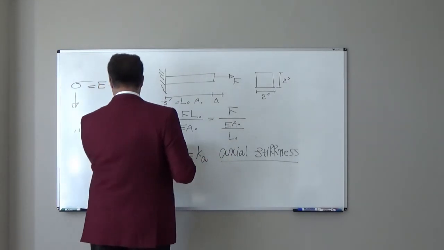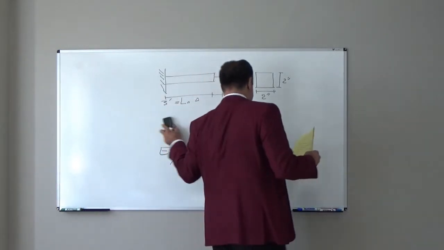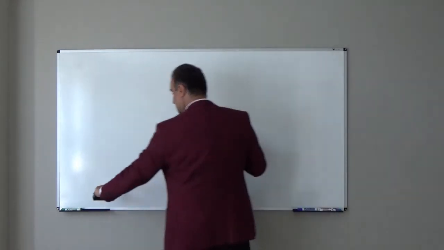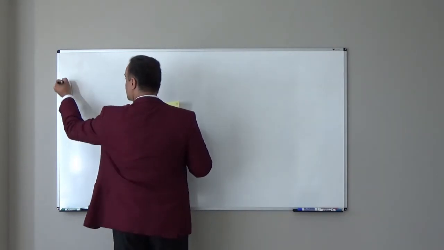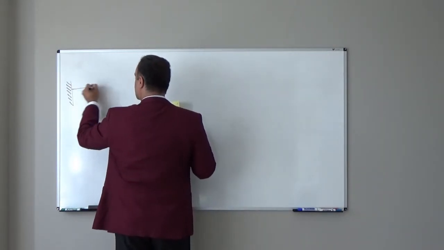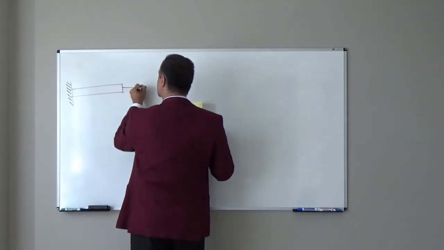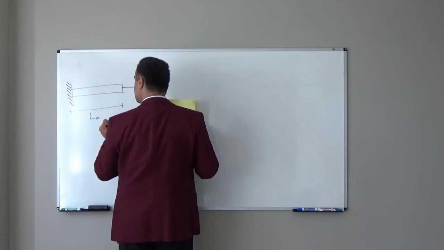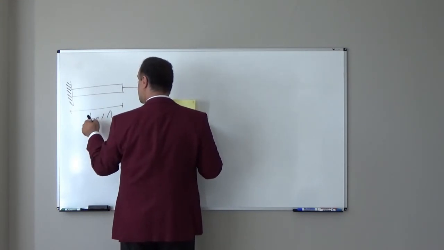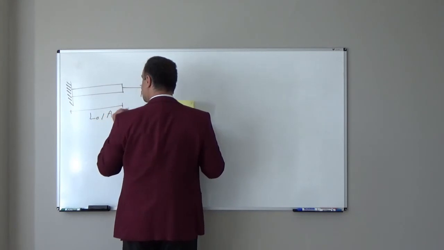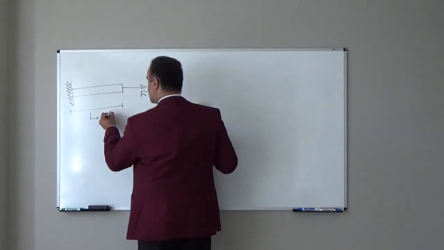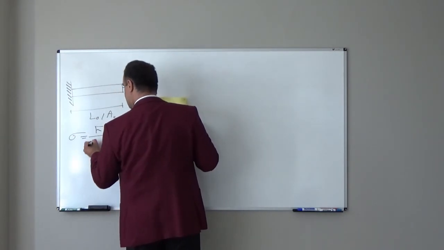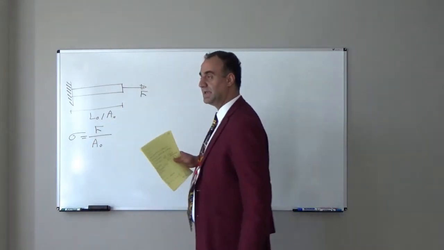So let's review everything one more time. Up to now, we know for any axial member, for example here one rod we attach to the wall, the initial length is L0, the initial cross-sectional area is A0, we apply force F. Normal stress is equal to force divided by cross-sectional area.